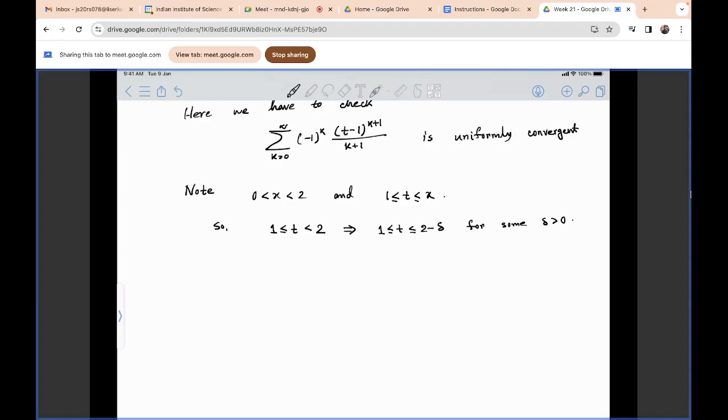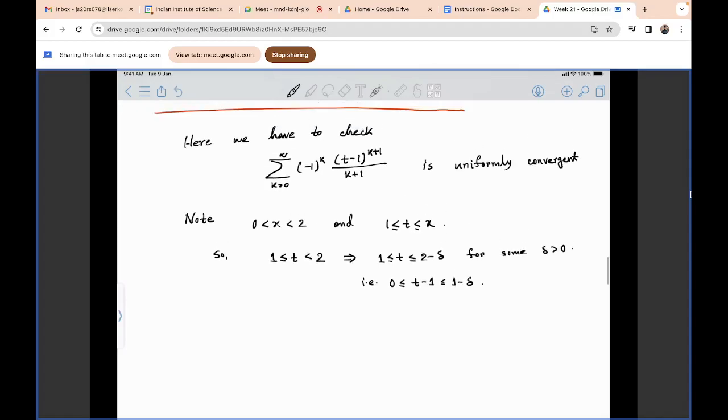So t lies in this range, which implies 0 less than t minus 1 is less than 1 minus delta. So we need uniform convergence for t minus 1 belonging to this compact set. There we have to check the uniform convergence.